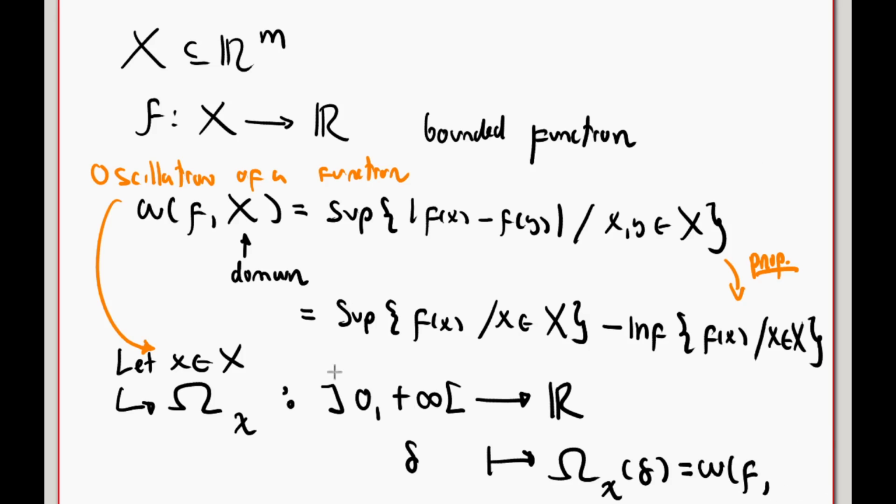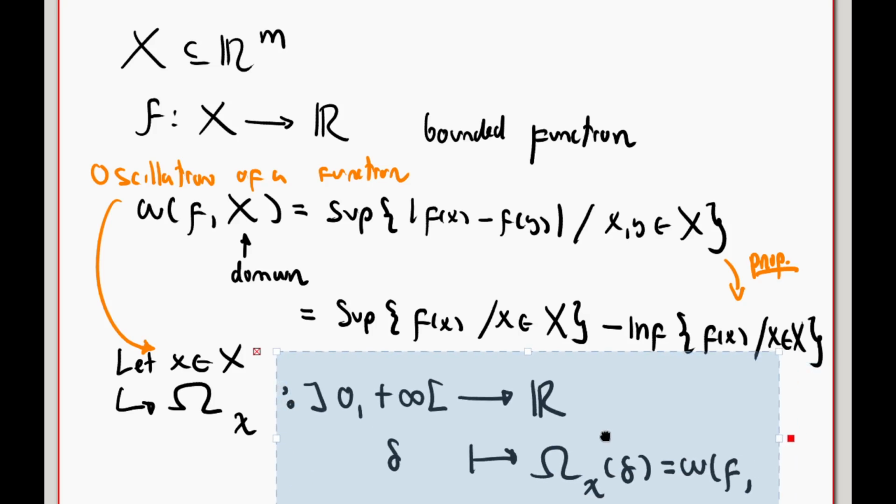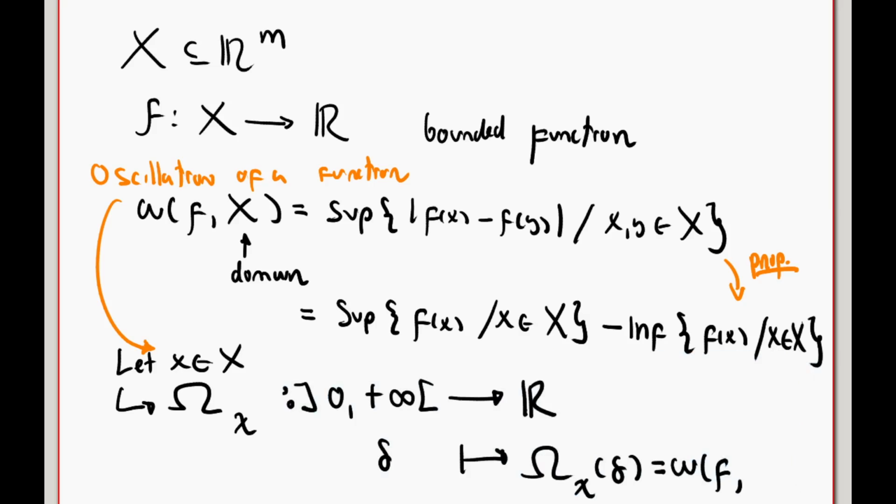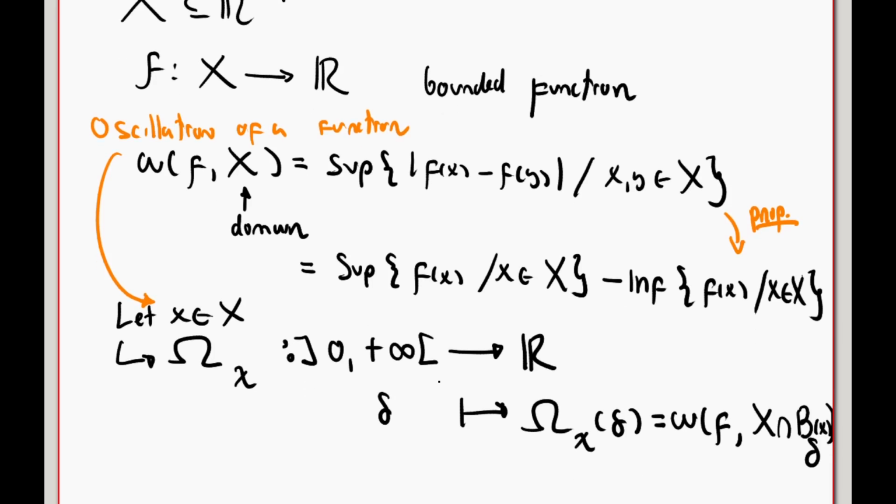So this will be the intersection of X with a ball centered in x and with radius delta. So this is our positive delta.